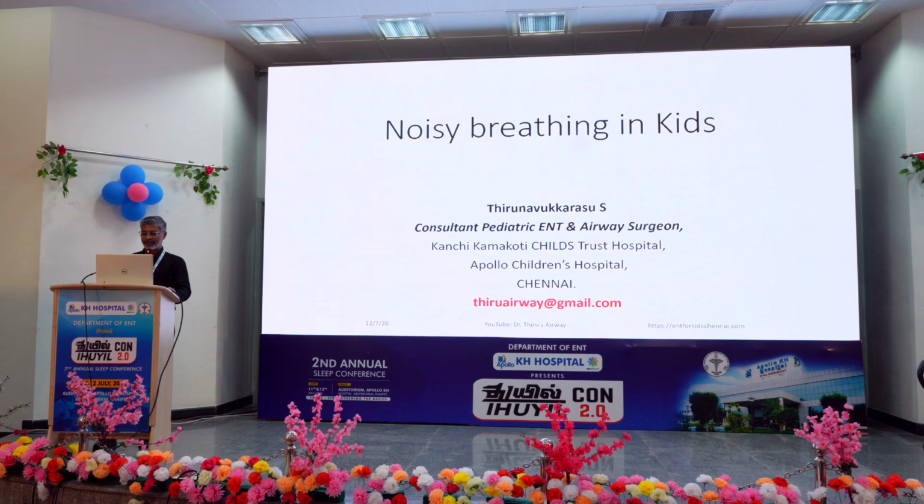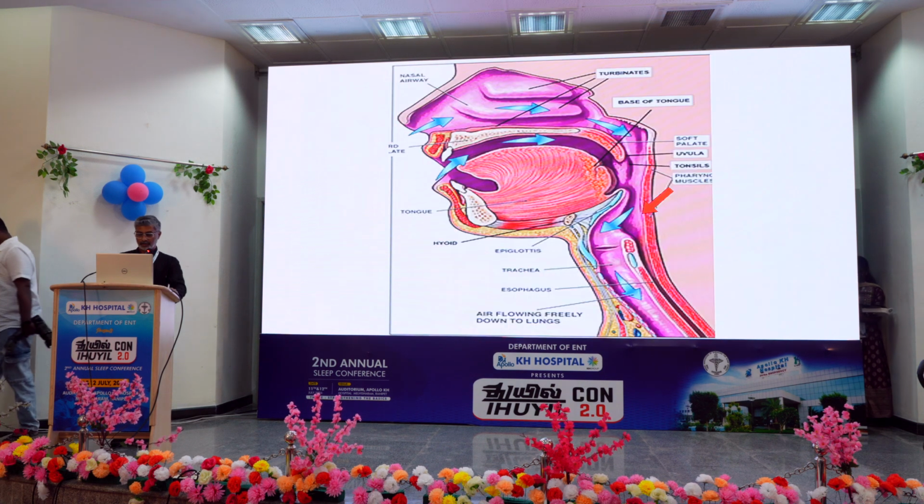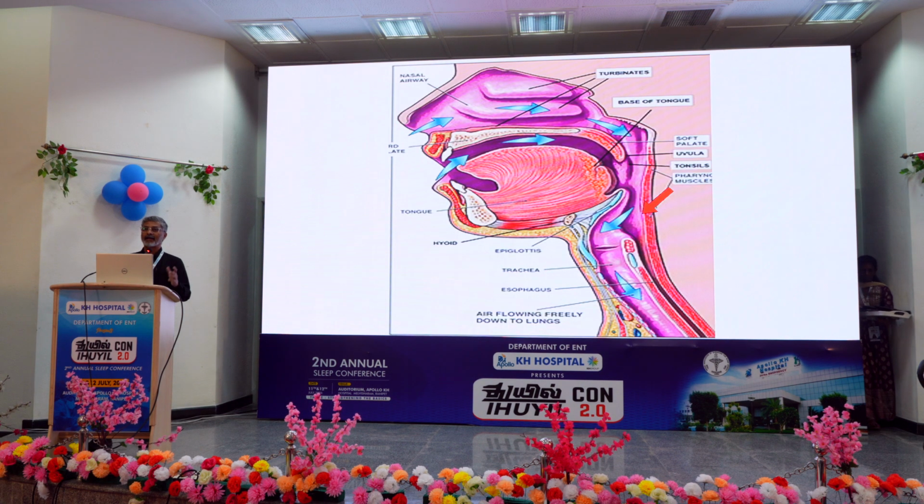I'm going to talk about the stertor pod. The airway starts from the nasal cavity, through the lungs, till the bronchus. Wherever you have obstruction, you will have noisy breathing.